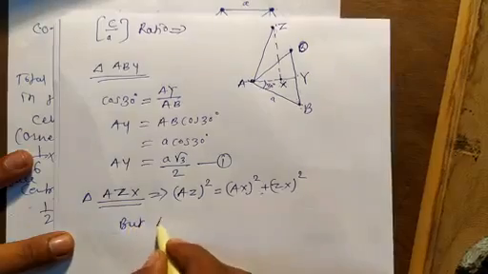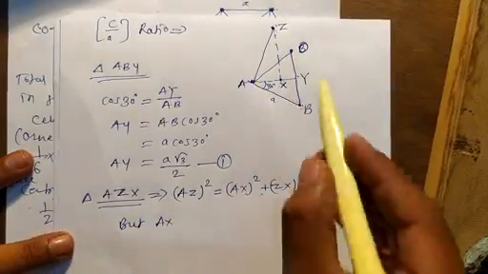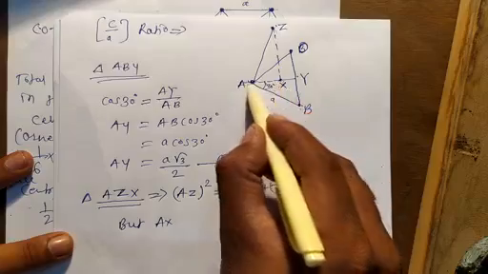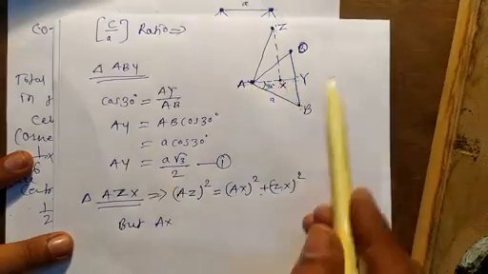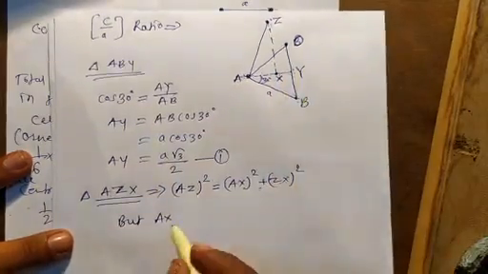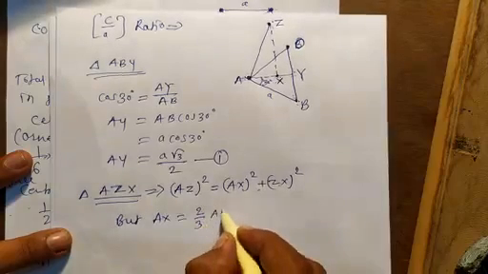In this equilateral triangle, the AX distance must be 2/3 of this distance AY. That is, AX equals 2 by 3 AY.